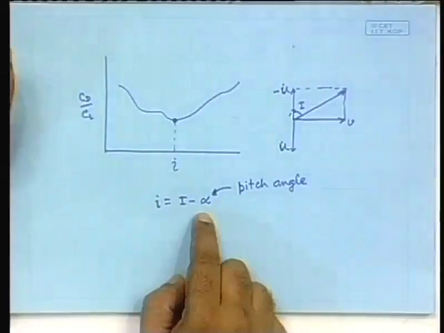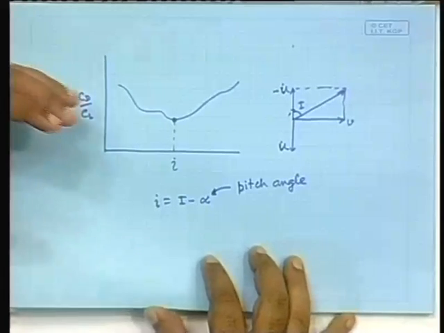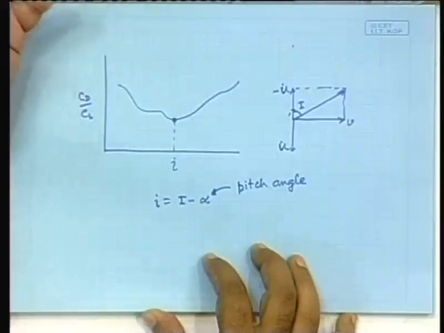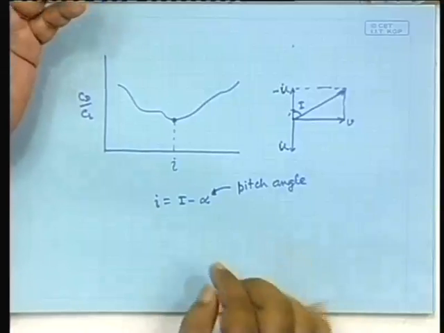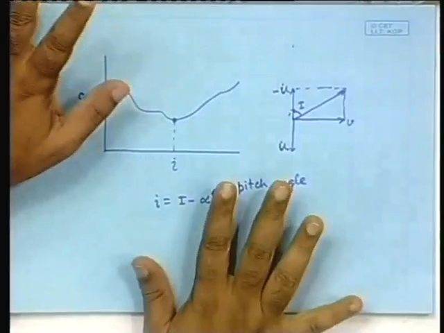Now, again, in modern large size wind turbines, where the attempt is to operate optimally, this twist is actually given, but for relatively smaller size wind turbines, depending on the construction method, it may or may not be possible to give the amount of twist dictated by these considerations.